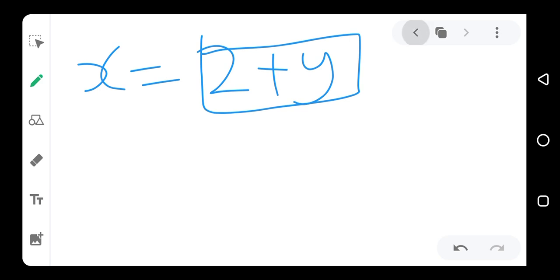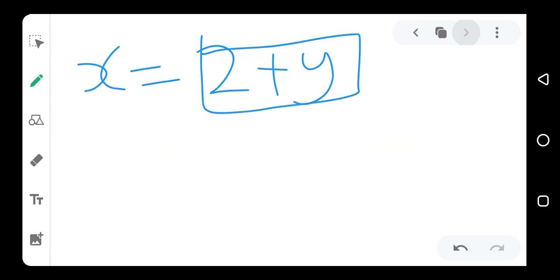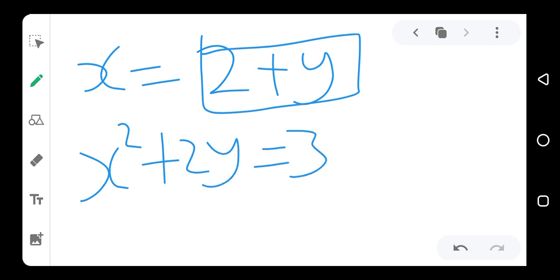So in the second equation, where we have x squared plus 2y is equal to 3, we use this as the value of x, so we have, now we square it.